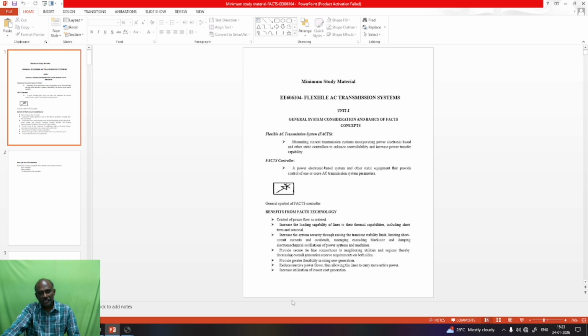So we are reducing the reactive power flow, thus allowing the lines to carry more active power. And also we can increase the reactive power. If the system is short of reactive power, we can add reactive power within the system using this FACTS technology. It increases the utilization of lowest cost generation. So the cost of generation may be reduced by using this FACTS technology.